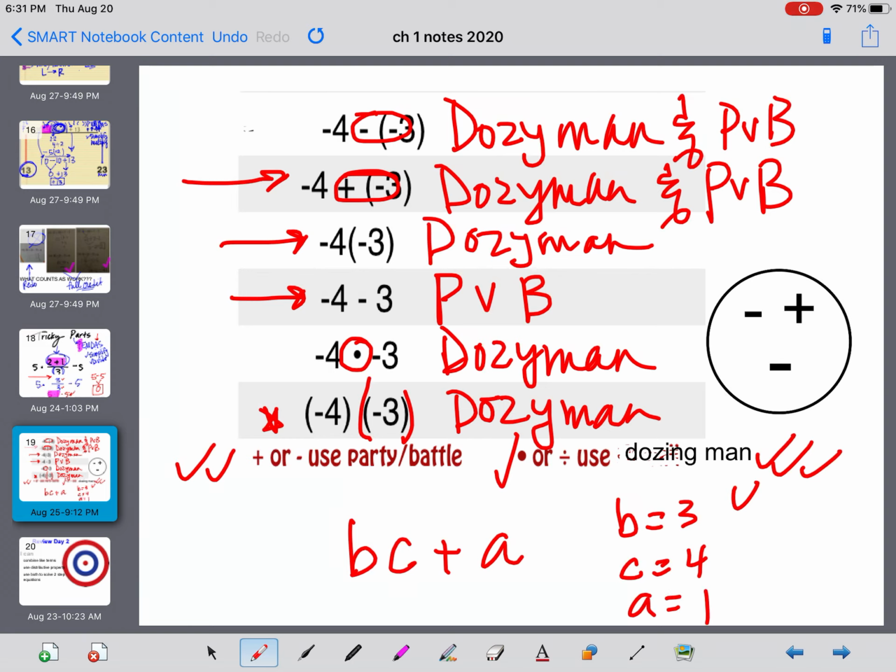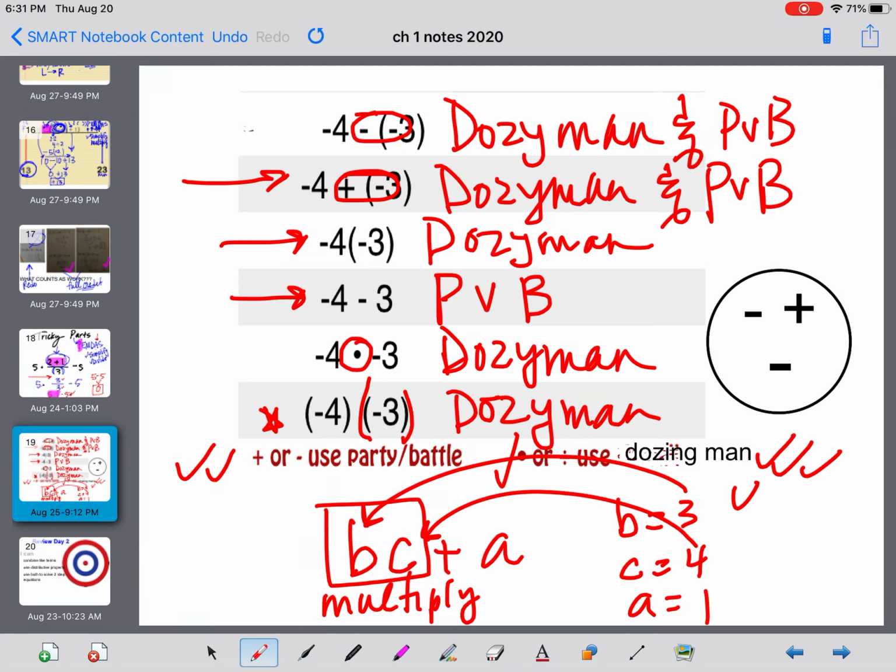Well, what you're doing is you're substituting numbers into an equation or an expression and then simplifying. When I have just two letters next to each other, just as a reminder, that's multiplication. So you're going to take these numbers and substitute them in where they belong.